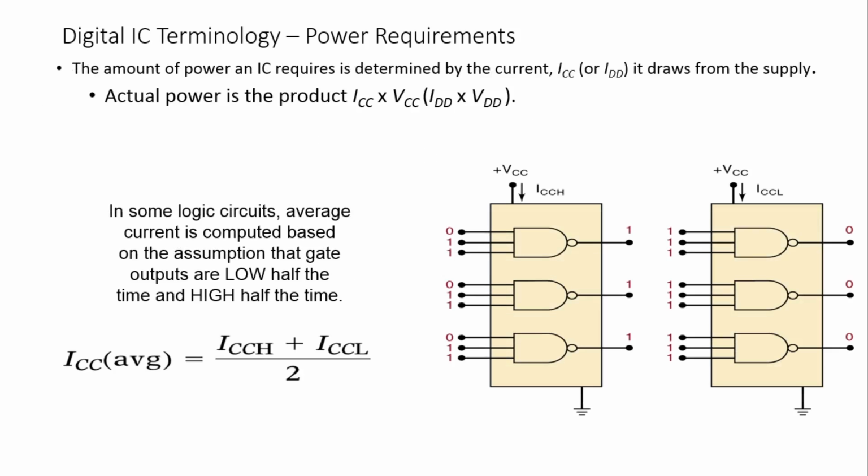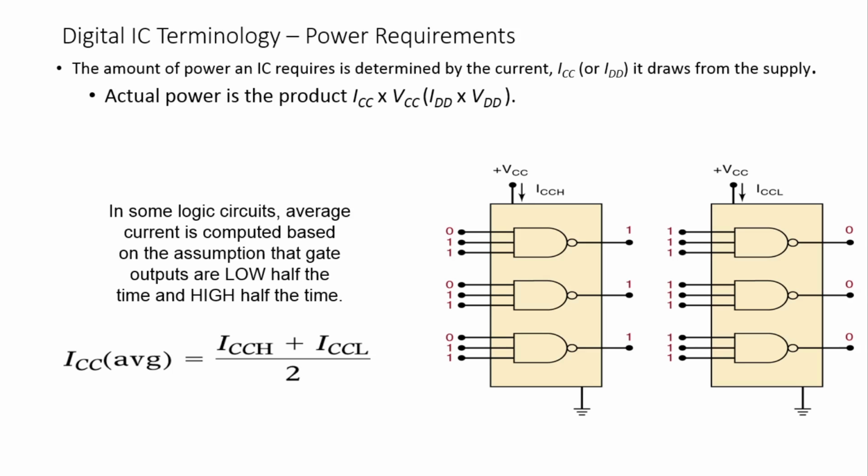Digital IC terminologies for power requirement. Here, the amount of power an IC requires is determined by the current ICC, or it can also be written as IDD, that it draws from the supply. Actual power produced is the product of ICC into VCC, or it can also be written as IDD into VDD.